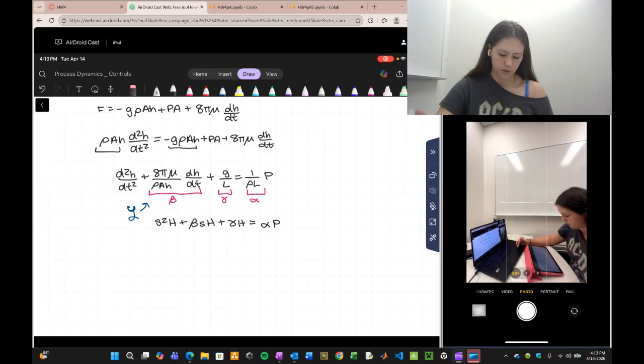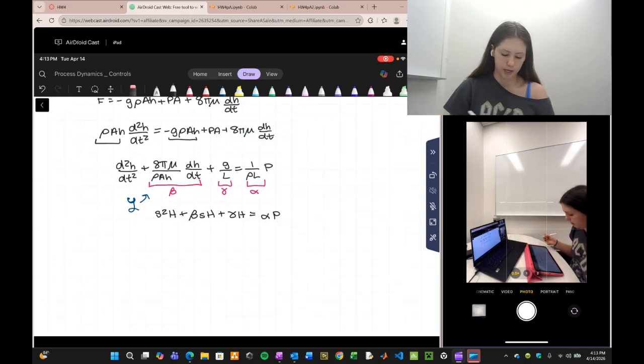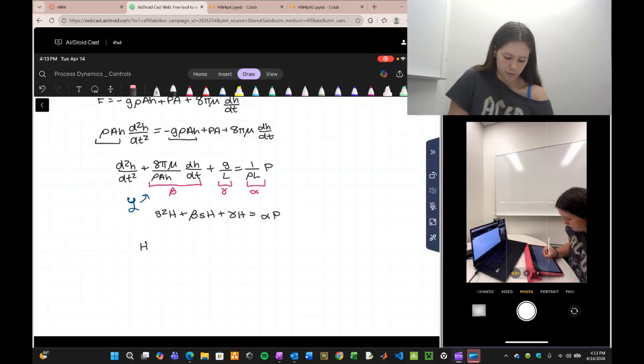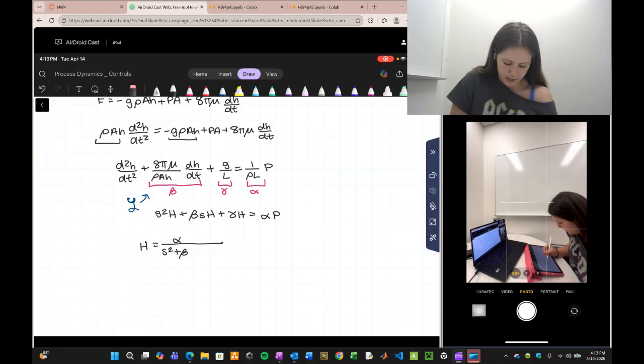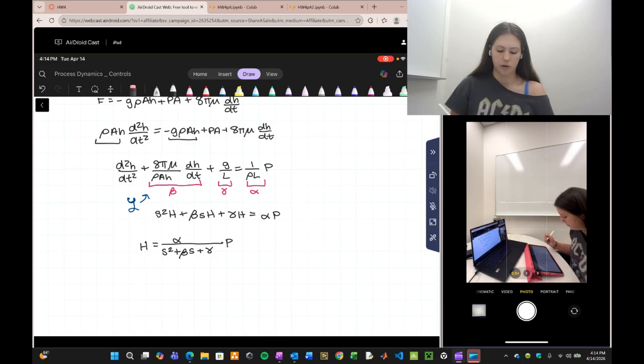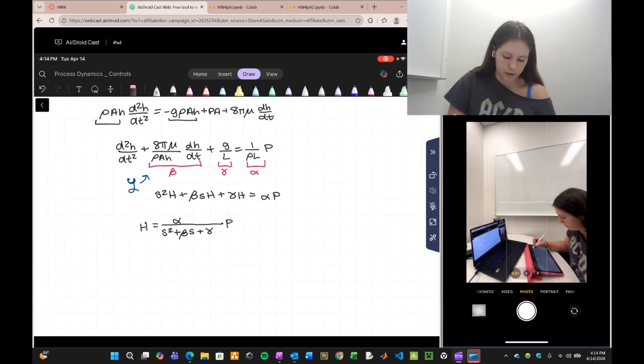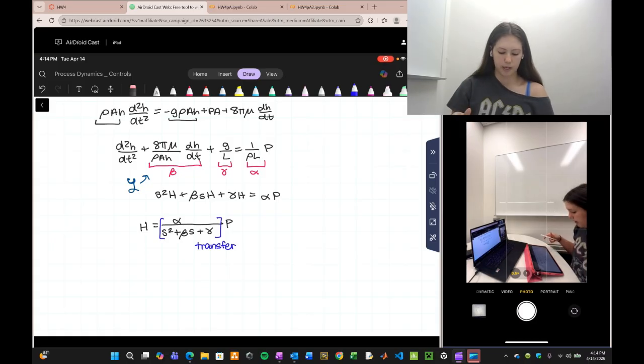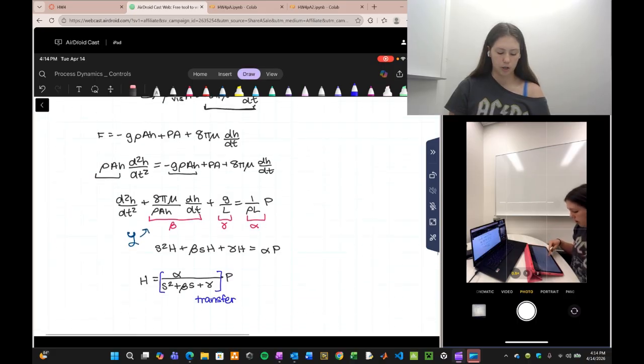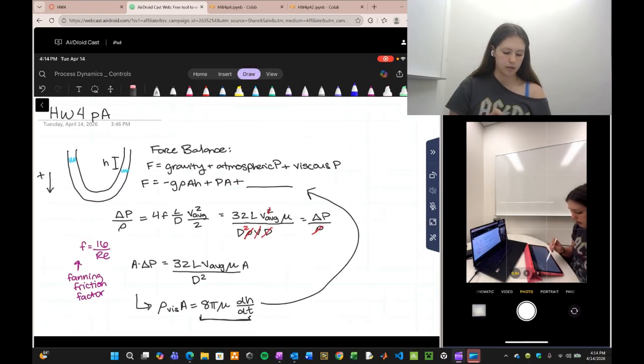So if we rearrange this to get h by itself, you will get h equals alpha over s squared plus beta s plus gamma, and then that will all be times our pressure. So what we have here is our transfer function. And this is relating the pressure and the forces of the pressure to our change in height of the liquid level up here.